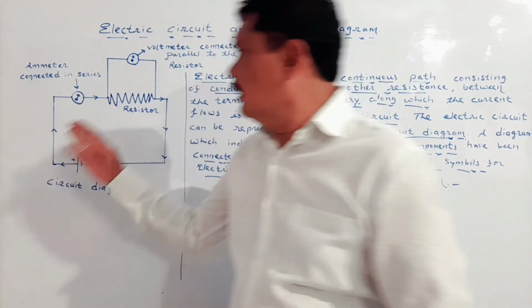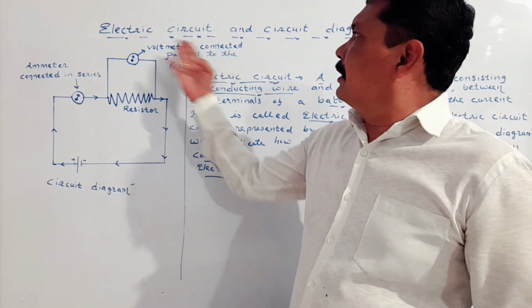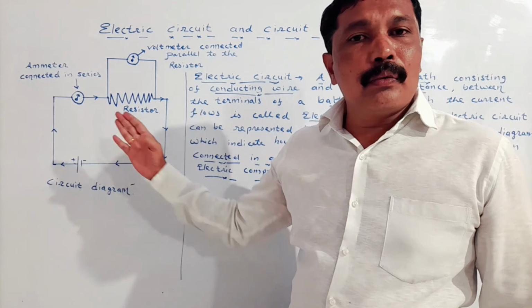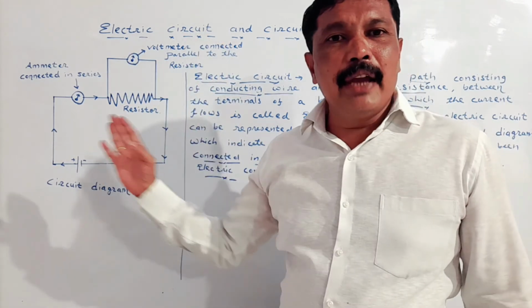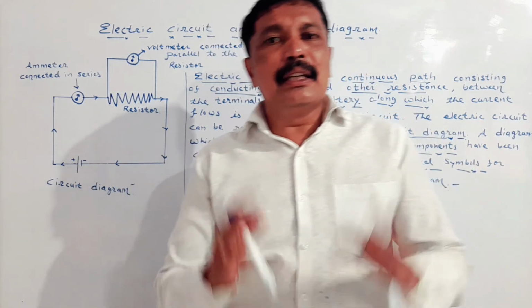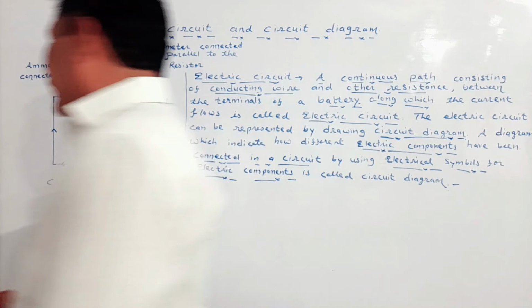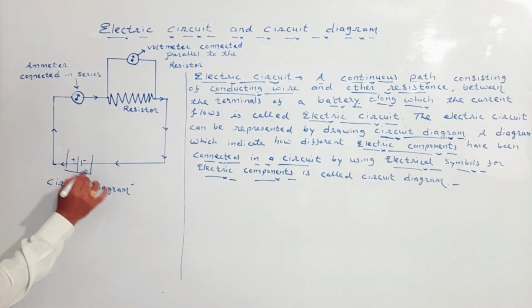And this is a circuit diagram representing an electric circuit. So, in order for the current to flow through this electric circuit, we had to apply a potential difference. A potential difference is an electric cell and it is denoted by this symbol.